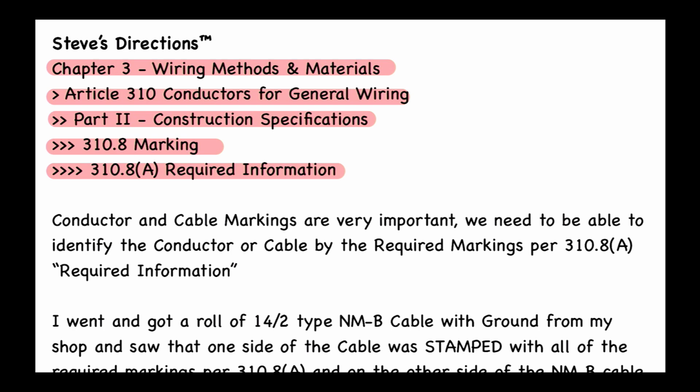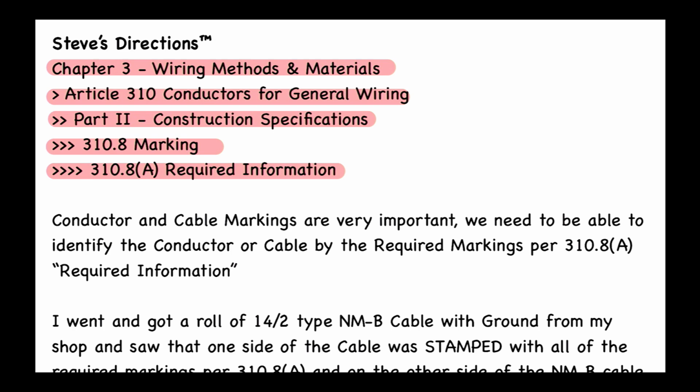Number 3, the manufacturer's name, trademark, or other distinctive marking by which the organization responsible for the product can be readily identified. 4, the AWG size or circular mil area. And 5, cable assemblies where the neutral conductor is smaller than the ungrounded conductors shall be so marked.